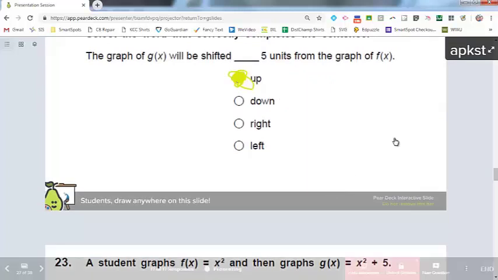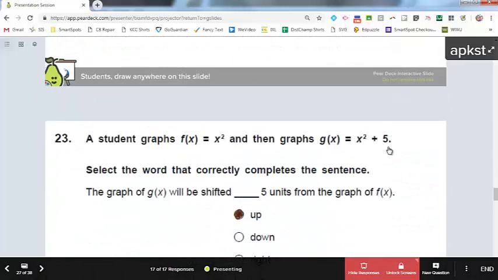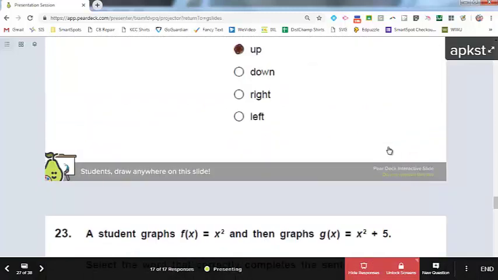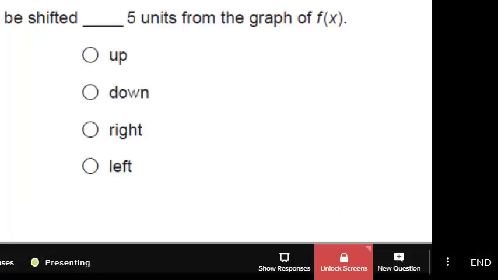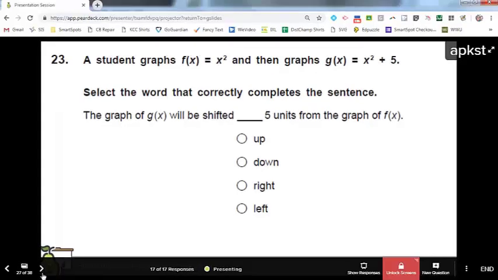Juan? You just graphed it. Plug that baby into your calculator. Plug in the first one first, and then plug in the second one. So it'll graph it in that order. So it graphs this one first, which is a parabola that goes through 0, 0. This one is a parabola that goes through what? 0, 5. Everybody with me on that? So it moved up 5 units.